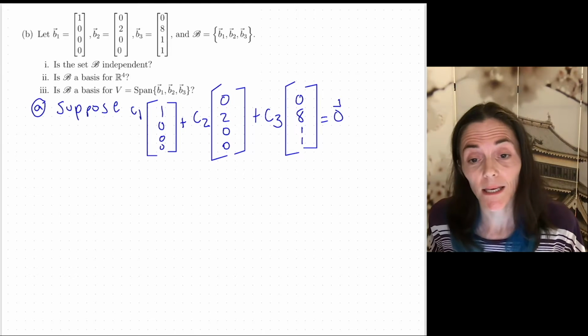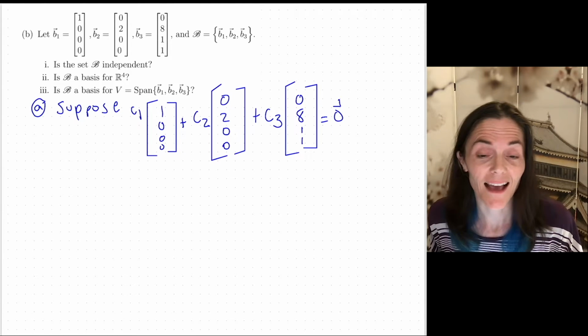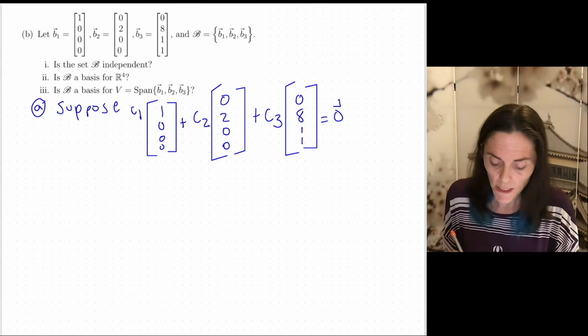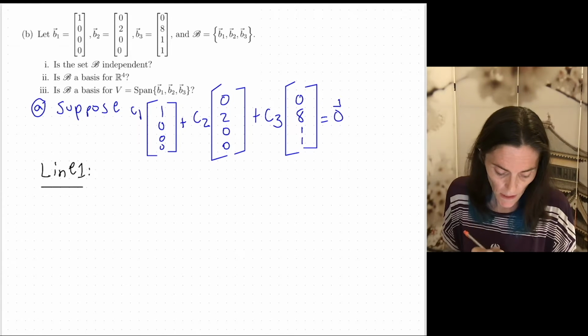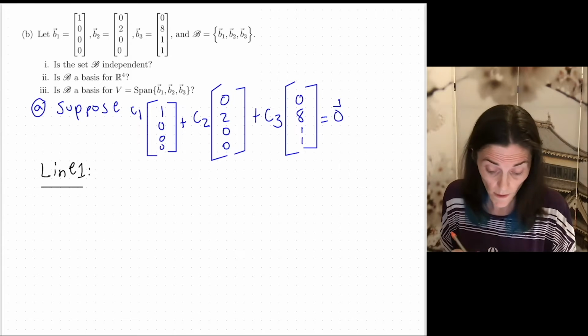Well, we have 4 lines here. In particular, line 1 of this linear system gives us C1 must be 0.